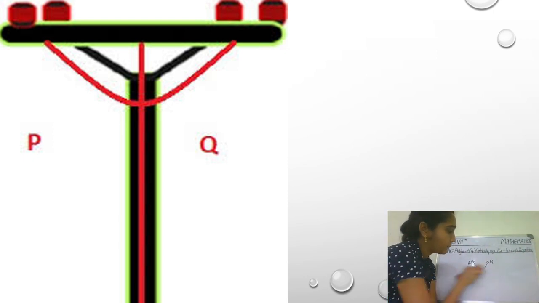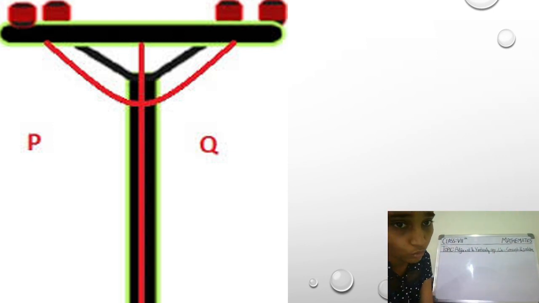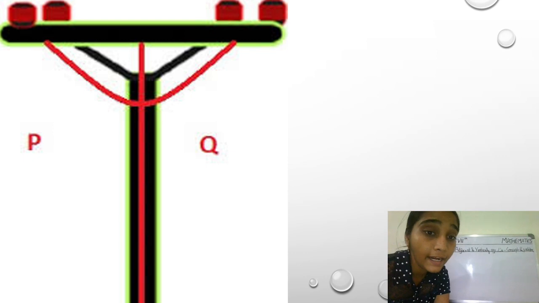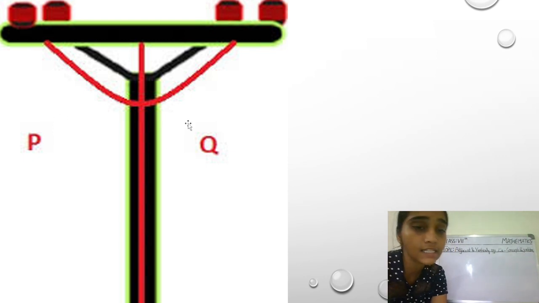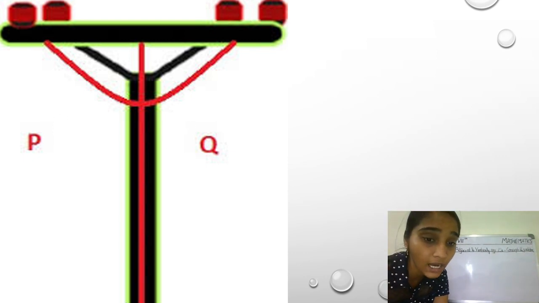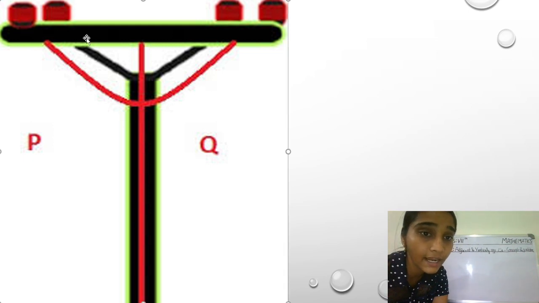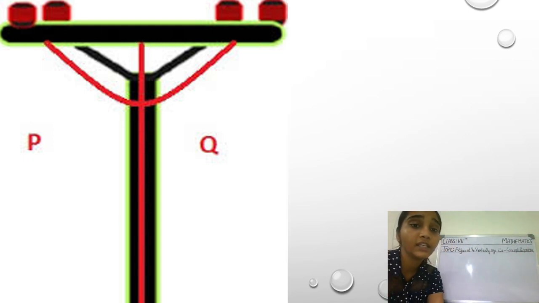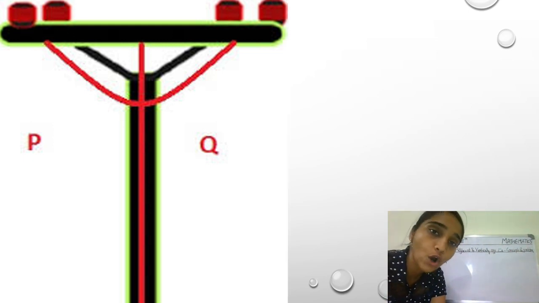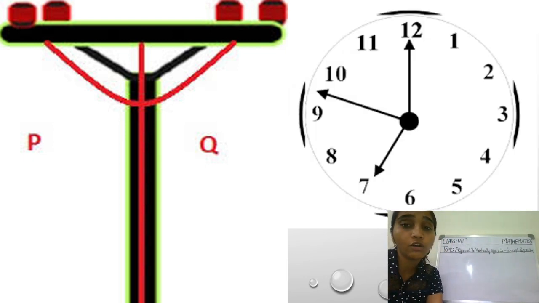Very good. If they are represented by the letters P and Q, we can say that P and Q are the adjacent angles because they have a common arm, they have a common vertex, and the two non-common arms are on either side of the common arm. Now students, in the wall clock, are you able to see any adjacent angles?